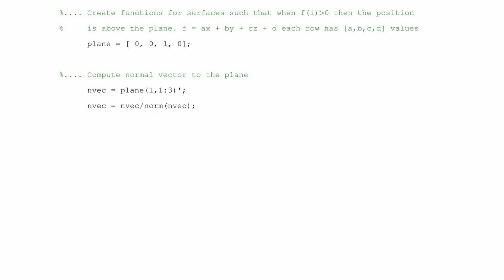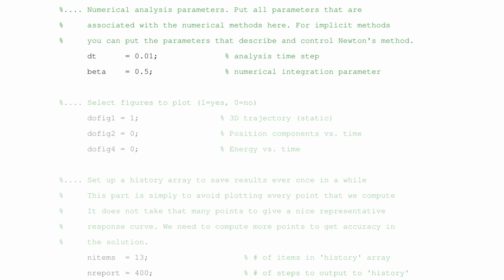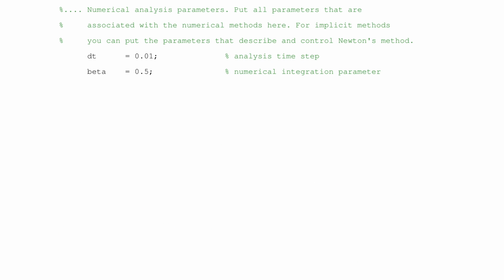So this next section is for planes and normal vectors. You can go ahead and get rid of this since we're not going to be dealing with normal vectors for impact. Next, we have our numerical analysis parameters, and we're going to need these two parameters, but since we're going to be dealing with a nonlinear equation, we're also going to need other numerical parameters, and I'll talk about that in a minute when we get to Newton's method.